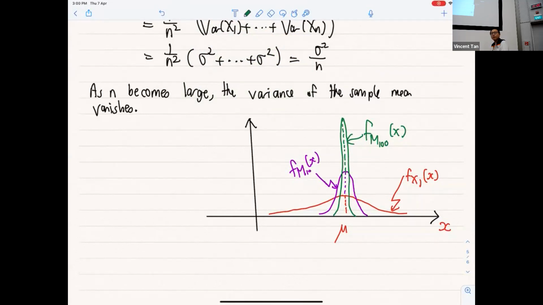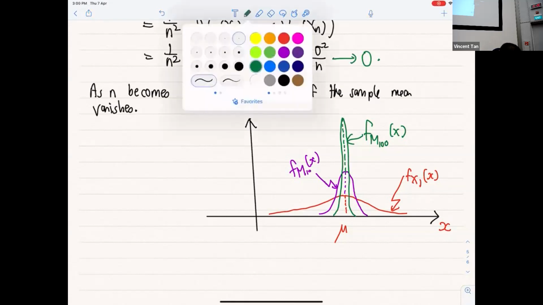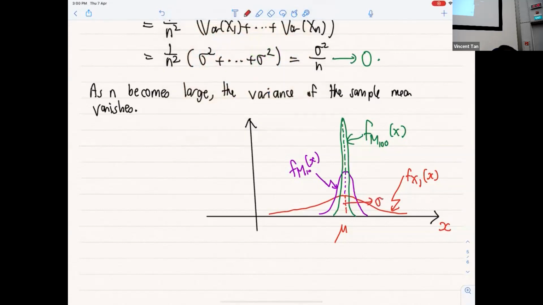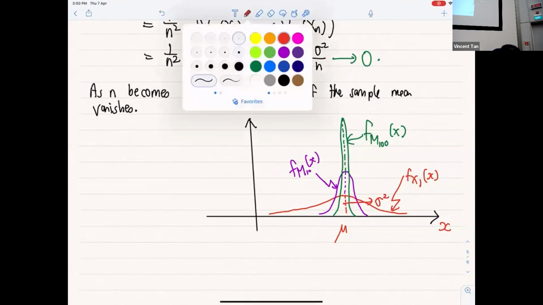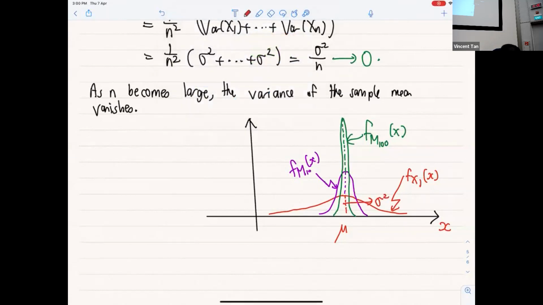Now, there's a mathematical way of talking about this. The variance converges to 0. Initially, the variance was respectable. Then the variance became smaller, sigma squared over 10.